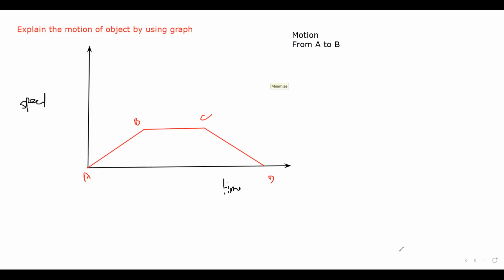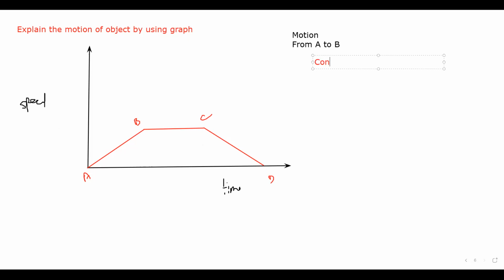It's a speed time graph. Speed is not constant, acceleration is constant here, because in a speed time graph, when it is a straight line, it shows a constant acceleration. If it was a distance time graph, then it would be a constant speed. But because it is a speed time graph, what is happening from A to B?